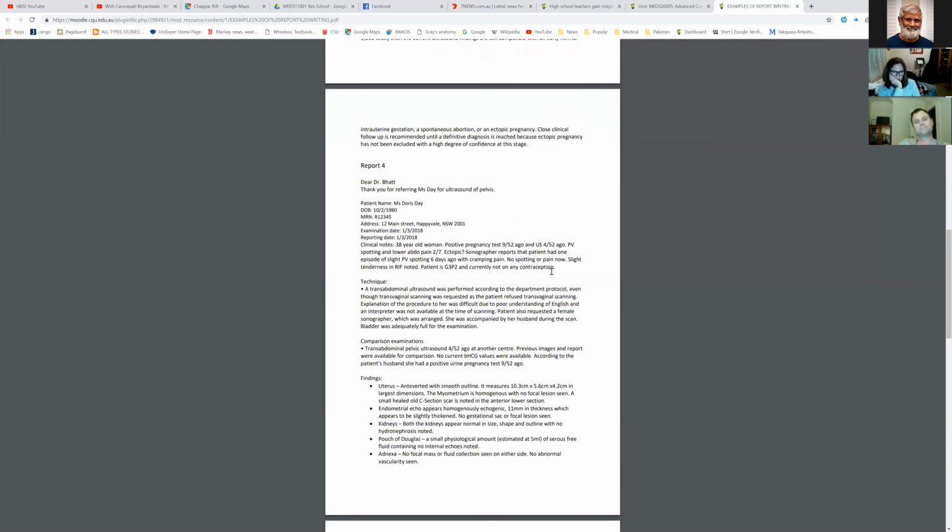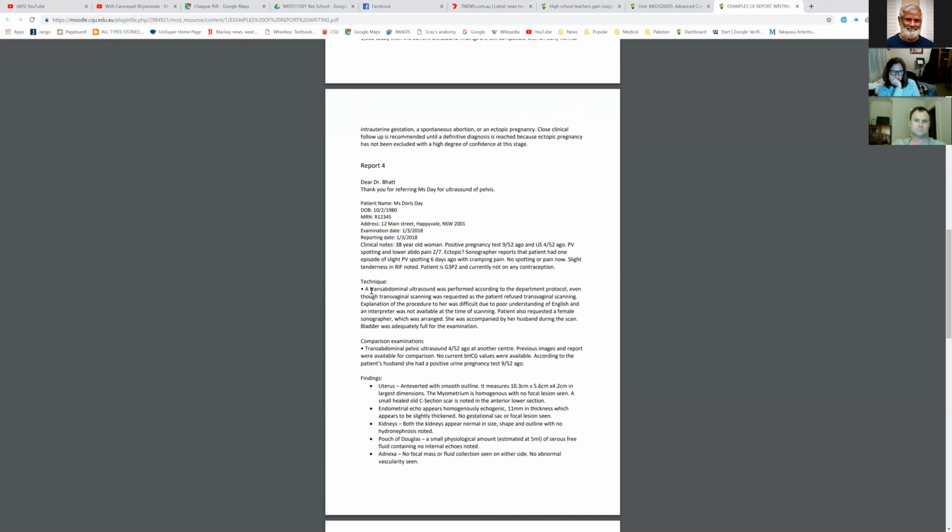So you see how important it is to add information to whatever is provided by the GP or the referrer, because now when this report goes back to the GP, he would say that, well, okay, they interviewed the patient, they took care of the patient, the duty of care was there. This is good radiology practice, that they are taking the patient seriously and asking the patient in making a decision.